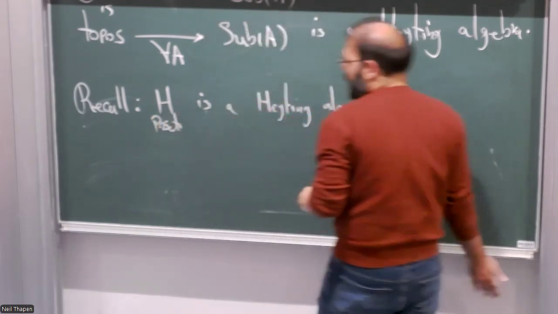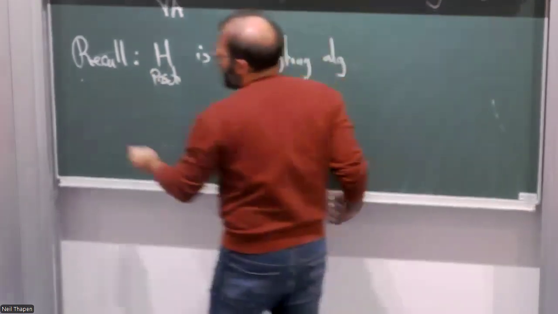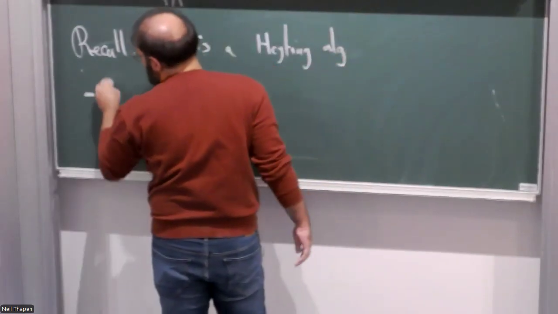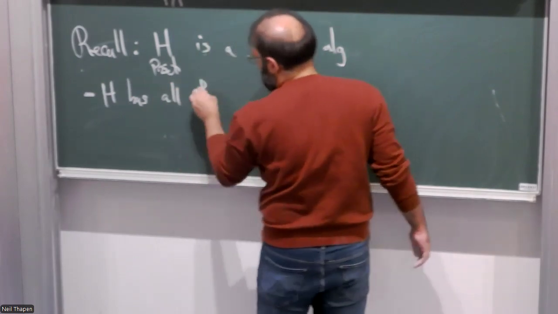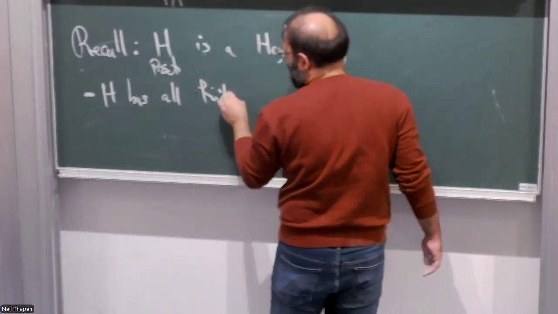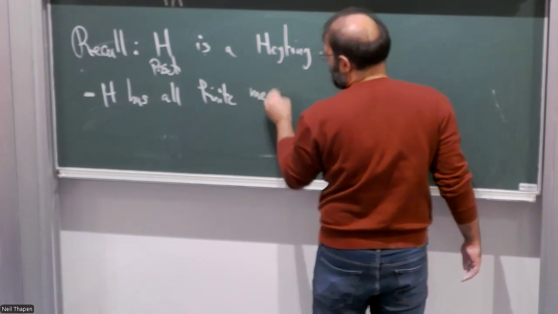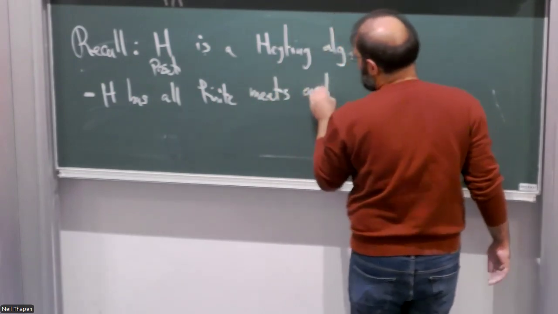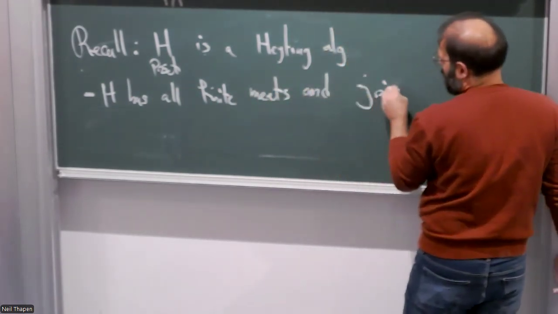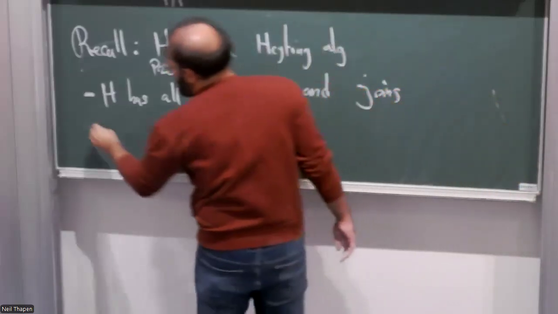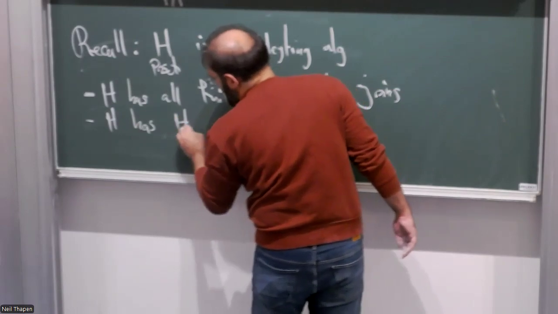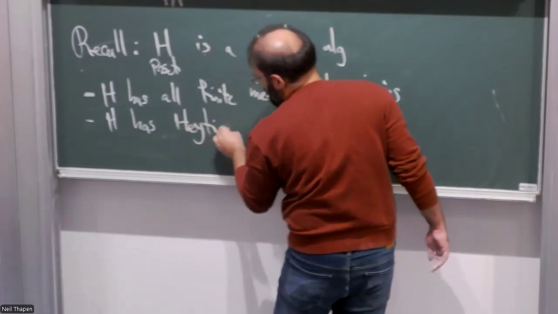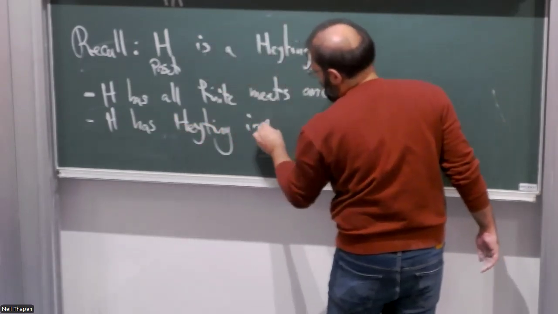A poset is a Heyting algebra when you have this property: H has all finite meets and joins, I will explain what it means, and H has Heyting implication.